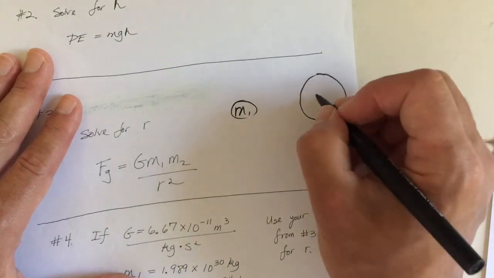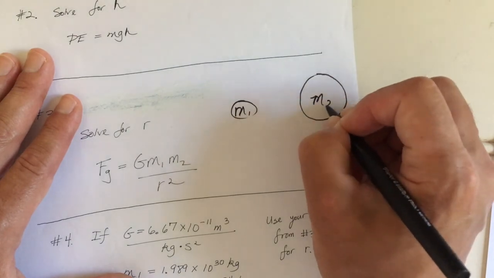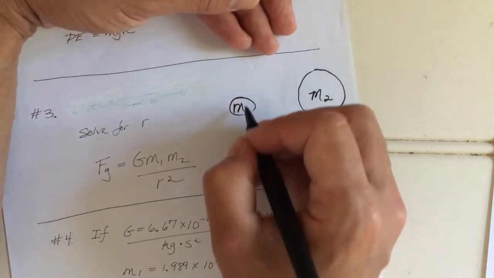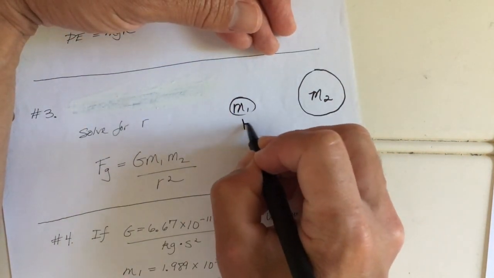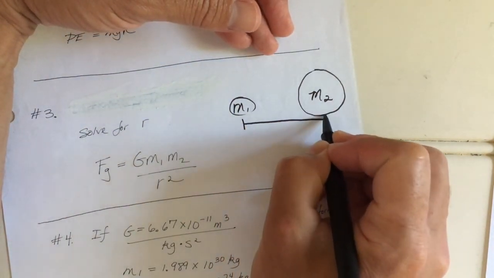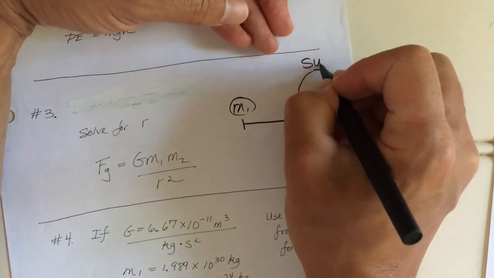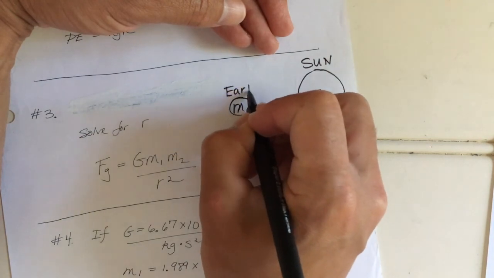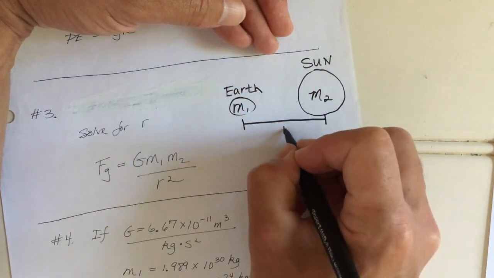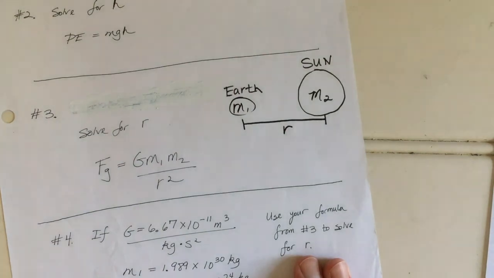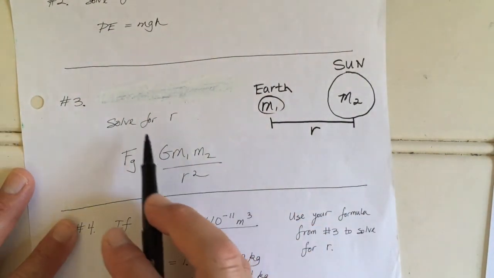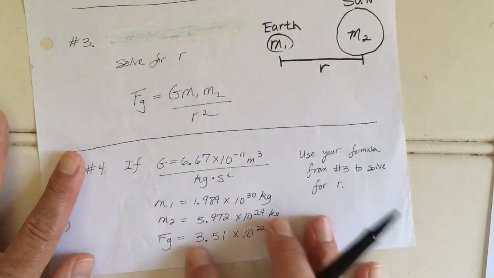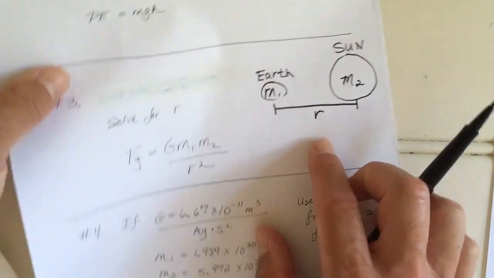This is not drawn to scale. The sun is much larger than the Earth. So I'm saying that the distance from the center of the Earth to the center of the sun is equal to r. And so here we're going to solve for r in terms of the other variables. Then down here we're going to plug in these numbers and get a number for r.